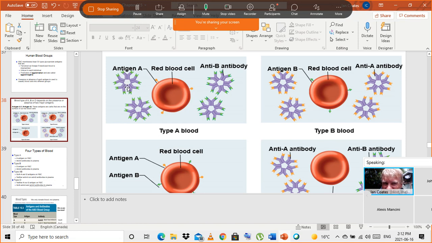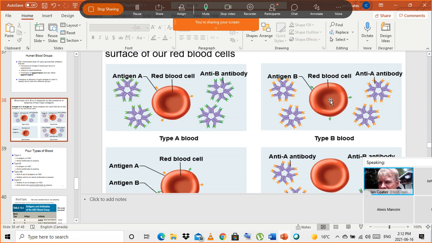These guys here are not looking for these ones; these guys here are looking for these ones. So if you put B-type blood into an A-type person, these antibodies are going to hook right onto that faster than anything, and this blood is going to turn into mashed potatoes right in your arteries. That's how this thing works.